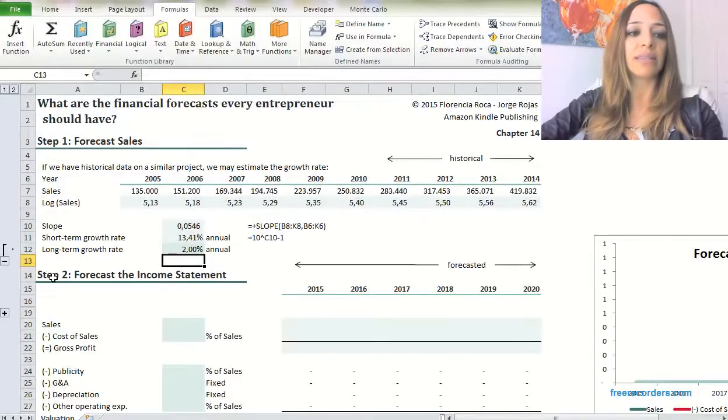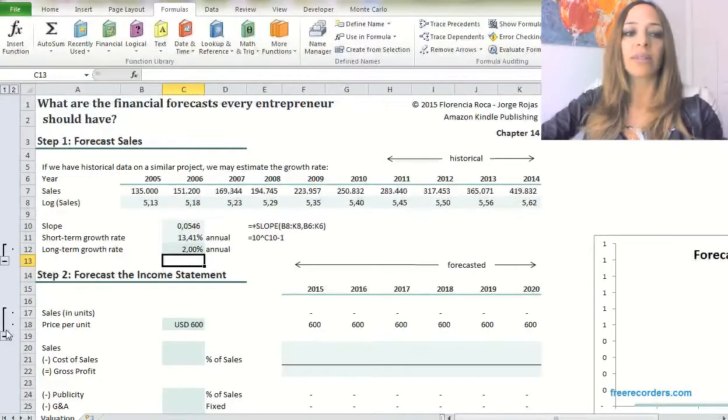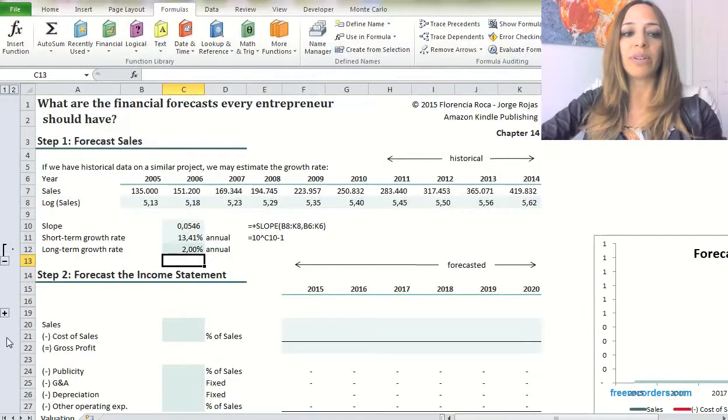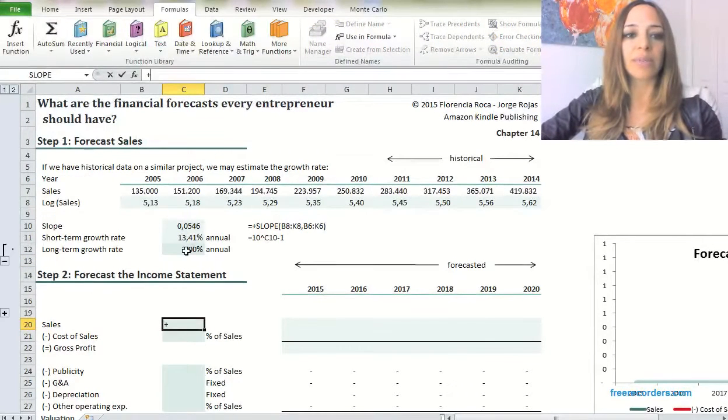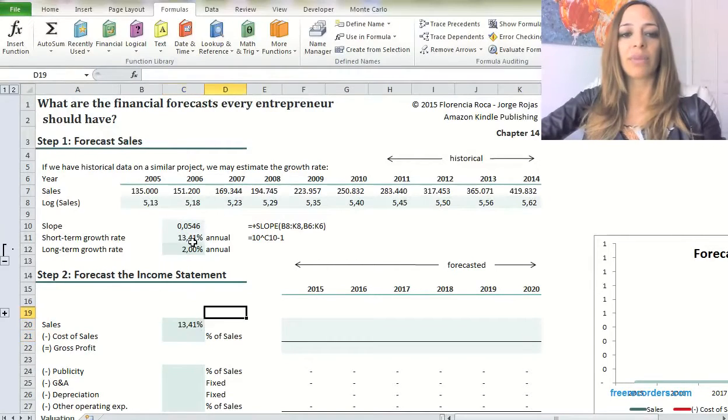We could do this in units, using also a price per unit, or just in US dollars. So the growth rate will be 13%. And how much do we expect to sell next year in 2015?